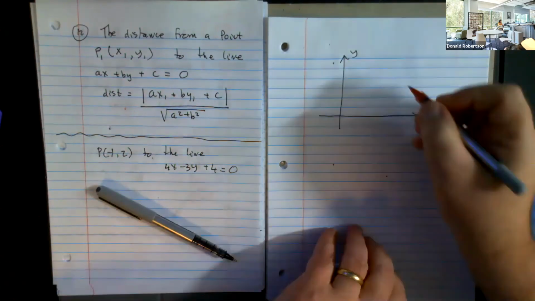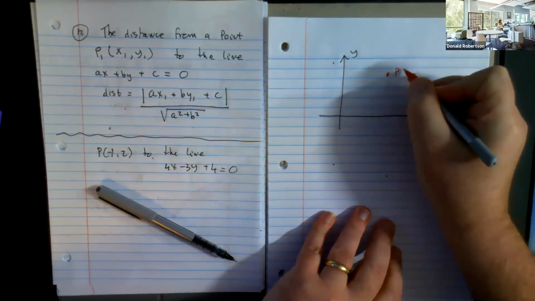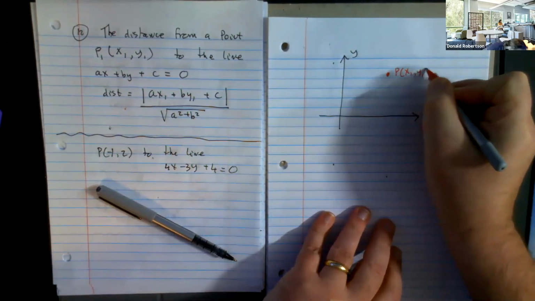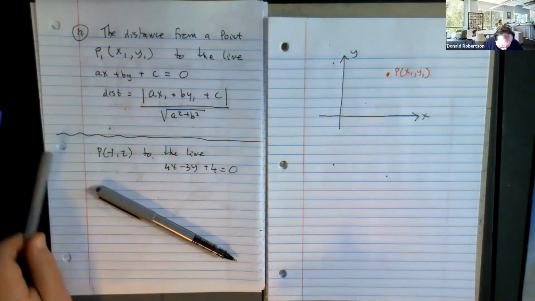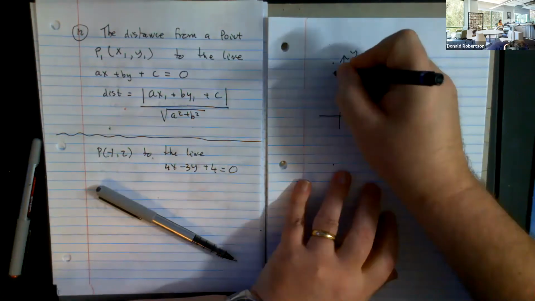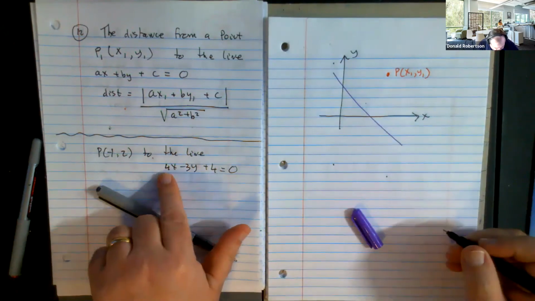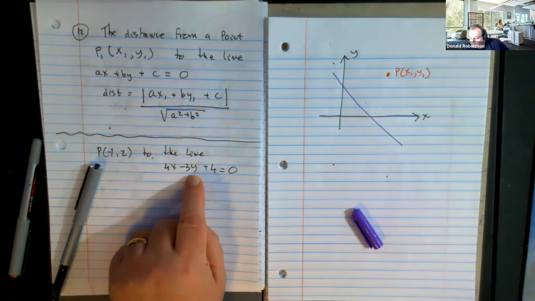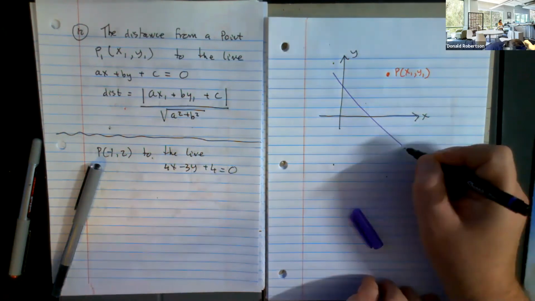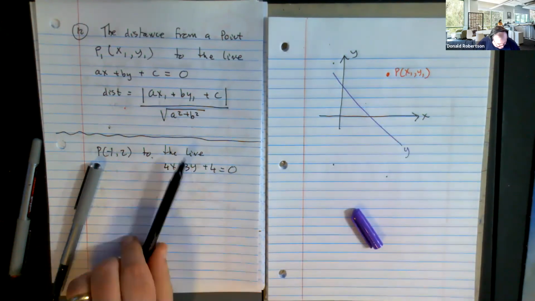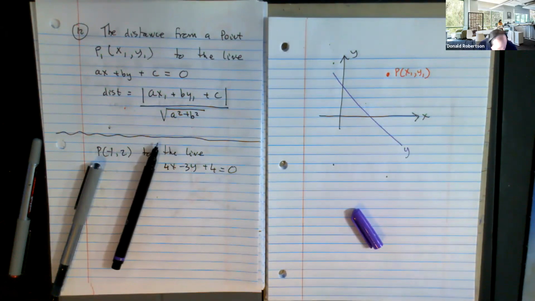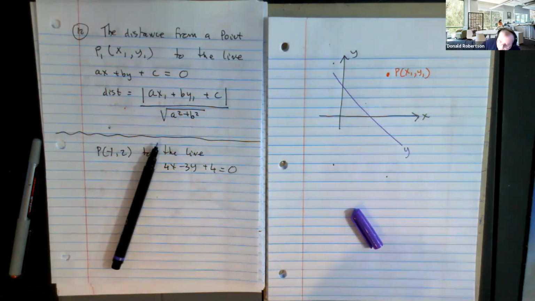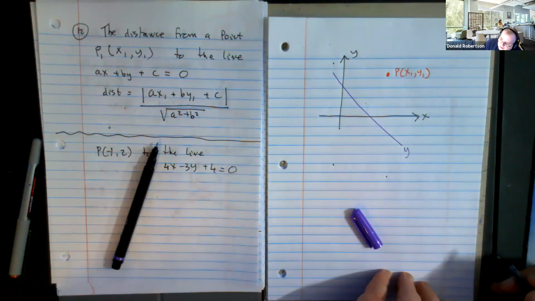I want you to imagine that I have a point up here called x1, y1, and I have a straight line, which is essentially this guy. Now, if you rearrange this guy, can't you get it to say y equals 3/4 x plus 5 or something, right? So it's still a straight line. We are asked to find the distance. Actually, they should have been a little bit more specific. They want the shortest distance to that line.